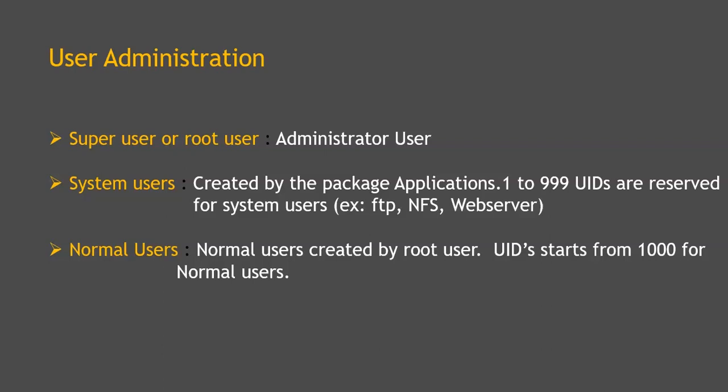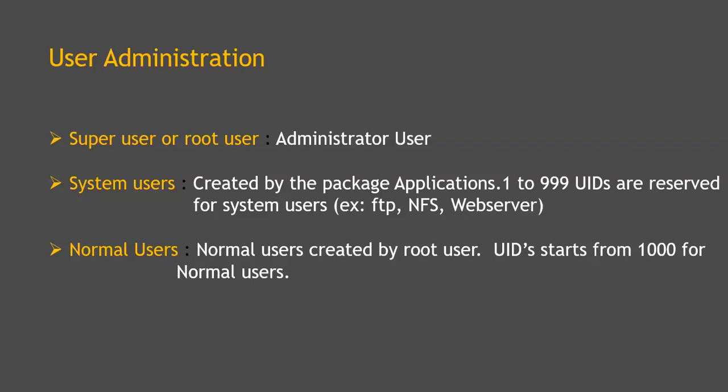If I am creating a user account for the first time, then it will allocate 1000 as the UID. If I create another user account, then it will assign 1001. The same way it will keep assigning the next number to each and every user account. Why does it start with 1000? Why does it not start with 1?